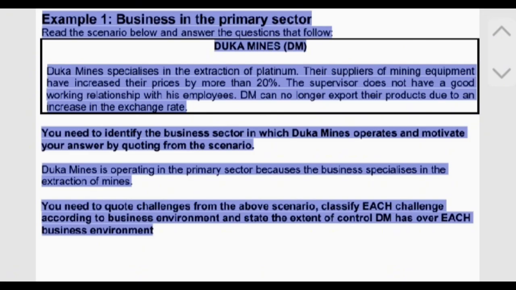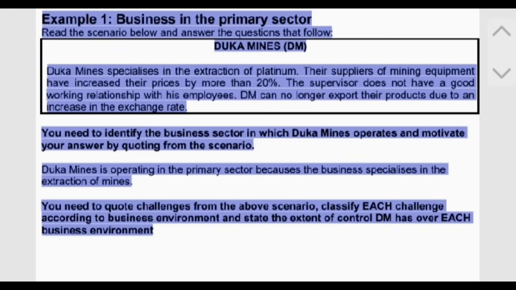That's market. Then let's say your question says, identify the business sector in which Duga operates and motivate your answer by quoting from the scenario.